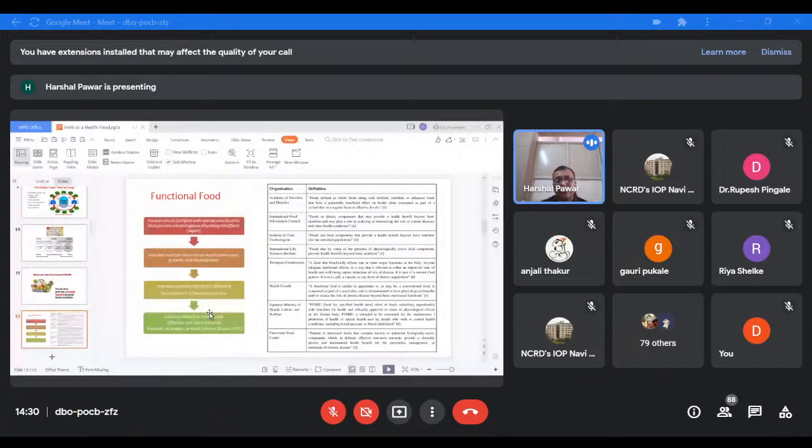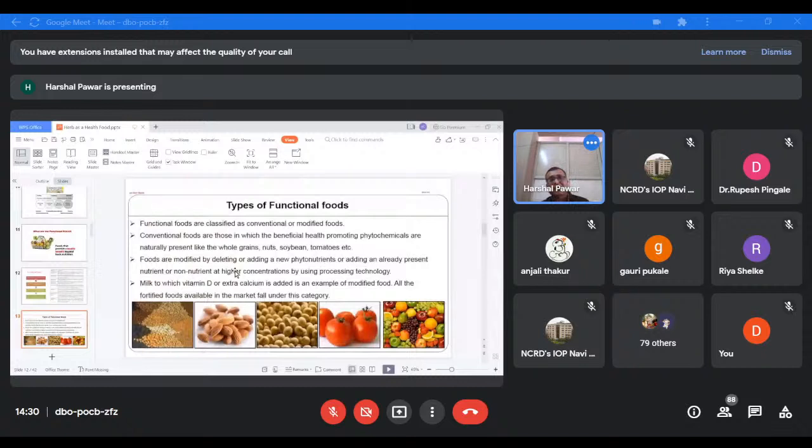You should not go beyond that. Anything if you are consuming in excess, that will be toxic, right? In order to prevent, manage, or treat the chronic diseases, right? So this entire thing constitutes the definition of functional food, right?